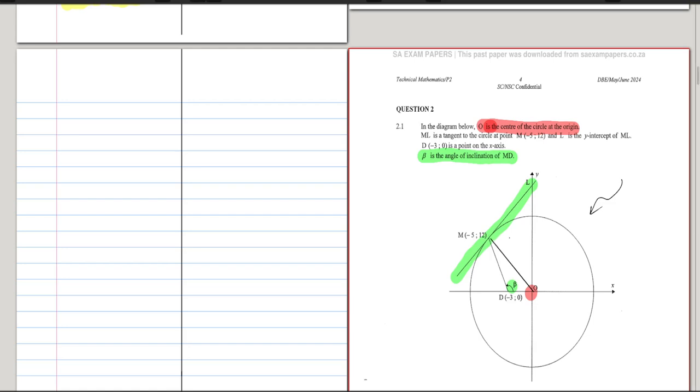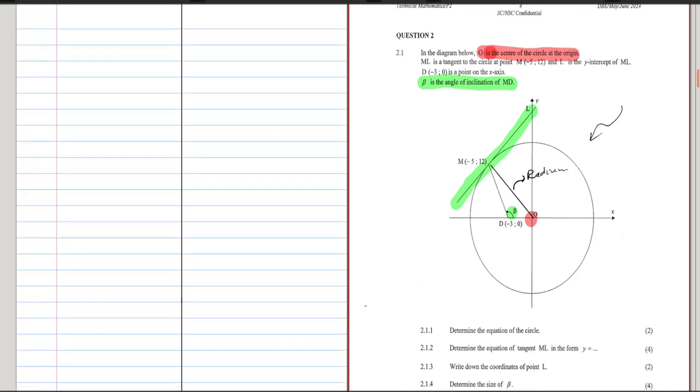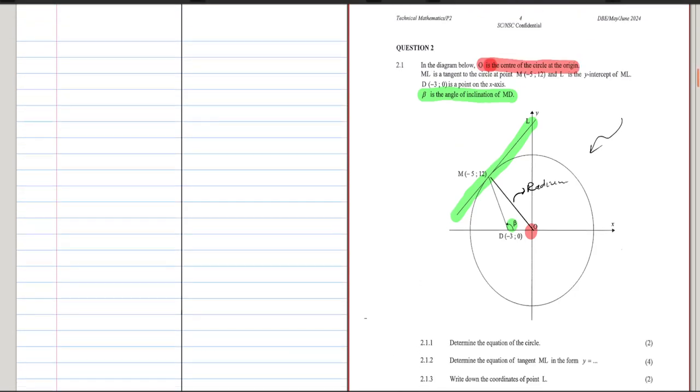Alright, there we go. That's a radius. There's nowhere where they say we need to show the radius, but it's going to come in handy for part of the discussion.